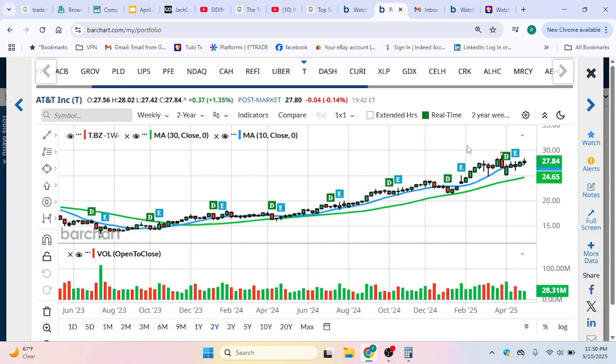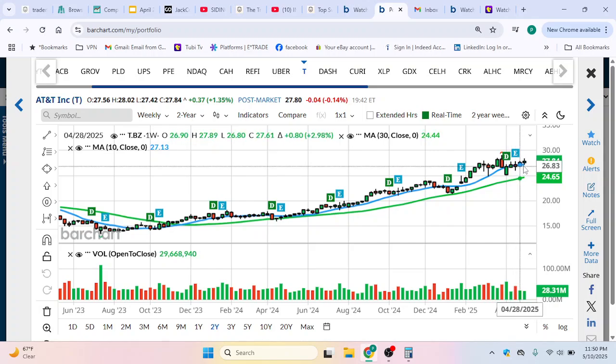AT&T has had a nice solid uptrend over the last 2 years, right? Solid stock. In fact, right now, it looks like over the last 4 weeks, AT&T is just consolidating in an uptrend, which could offer a potential buying opportunity right now. Right?